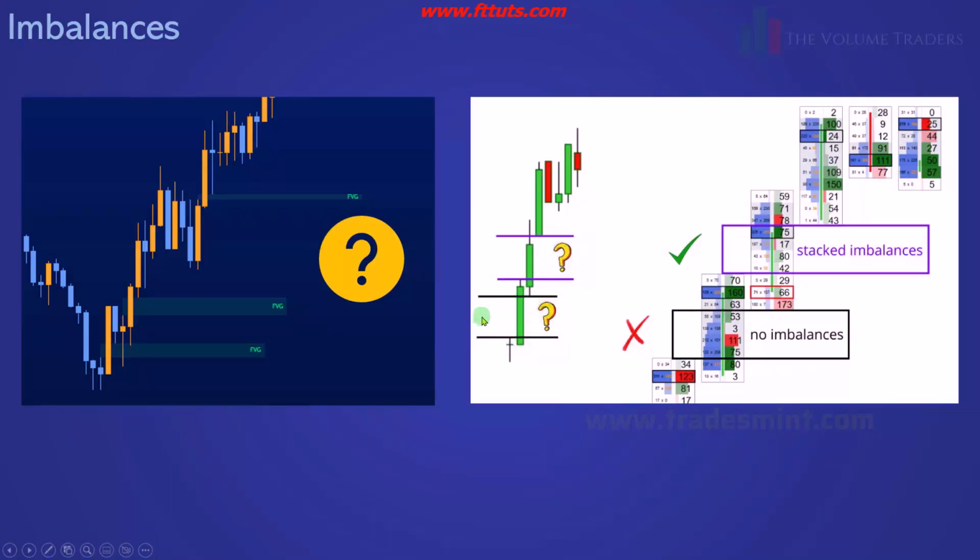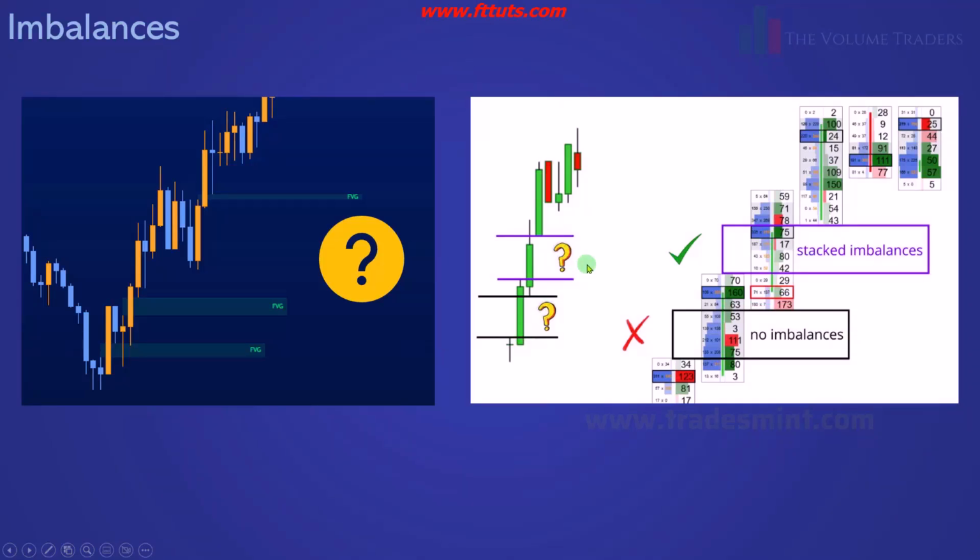So it's an unfilled area. But on the other one, there were wonderful stacked imbalances, like even here, over 10 times more buyers than sellers. That was the true imbalance, very aggressive buyers. So that's the fair value gap. But the lower one is just a normal candle.